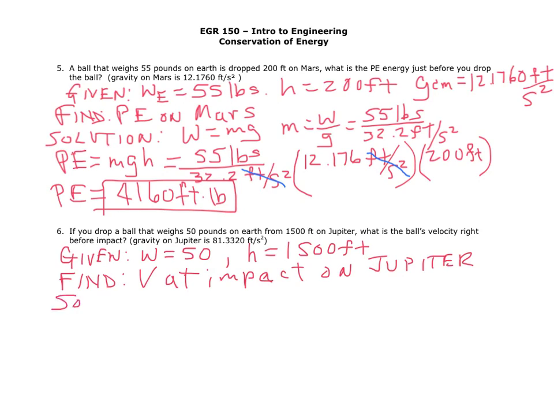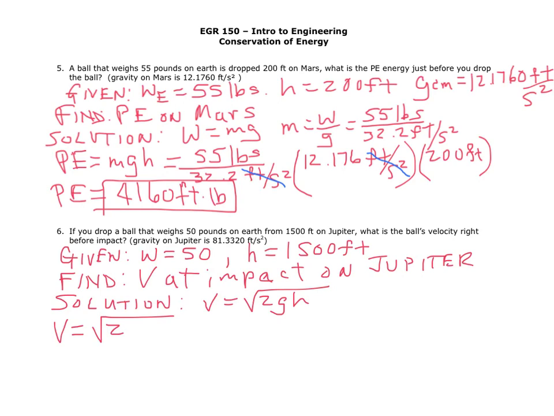Now our solution here, really, it doesn't really matter if it's the mass, does it? Because we know that we're going to use the velocity equals the square root of 2 times the gravity times height. In this case, the velocity is going to equal the square root of 2 times gravity.